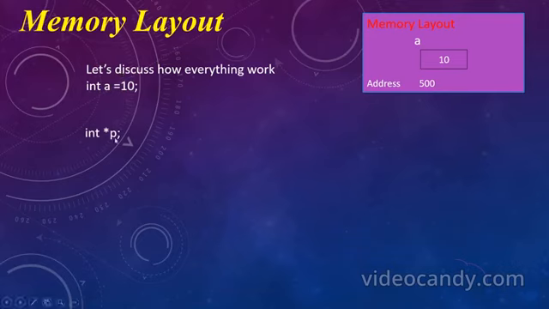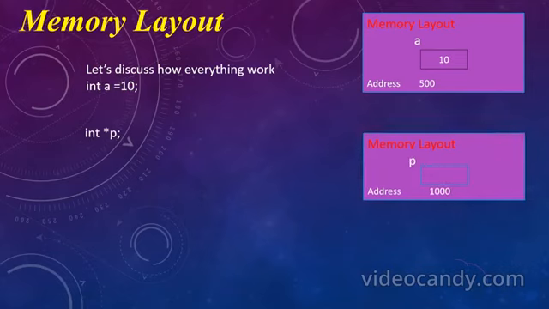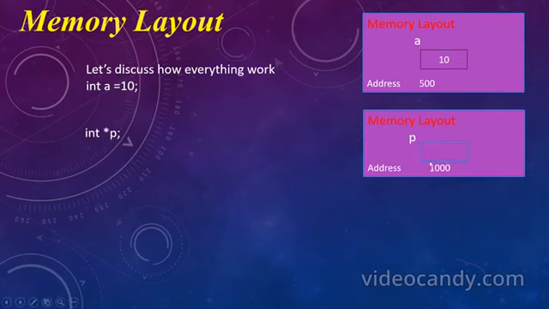Then if I declare an int pointer p, in memory it will declare another variable p whose address will be 1000. It does not have any value because we haven't put any value into it. Now if I say p is equal to ampersand a, I am finding the address of a using ampersand and storing that address in p.